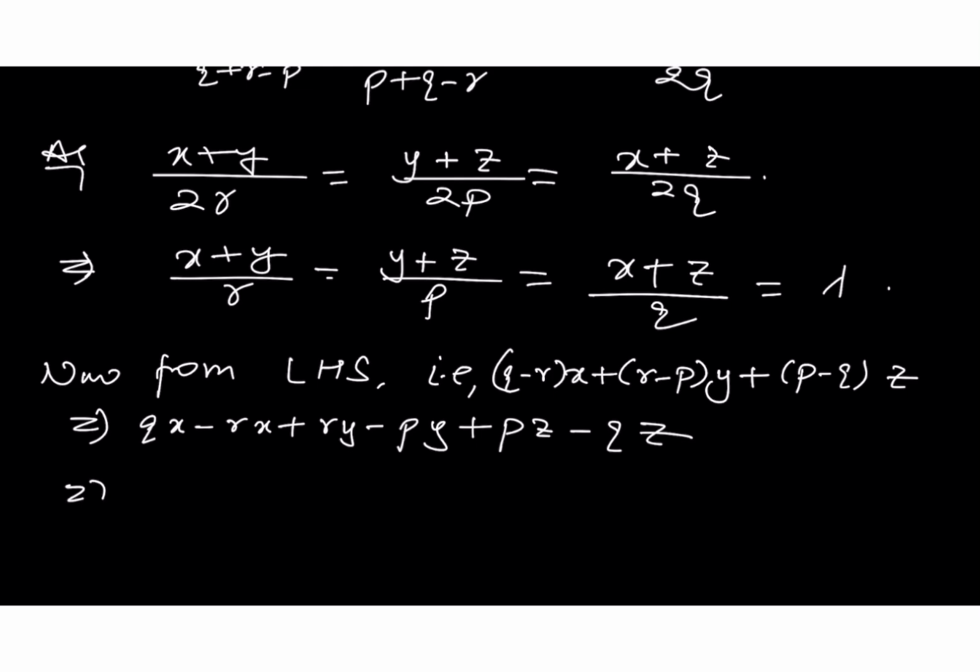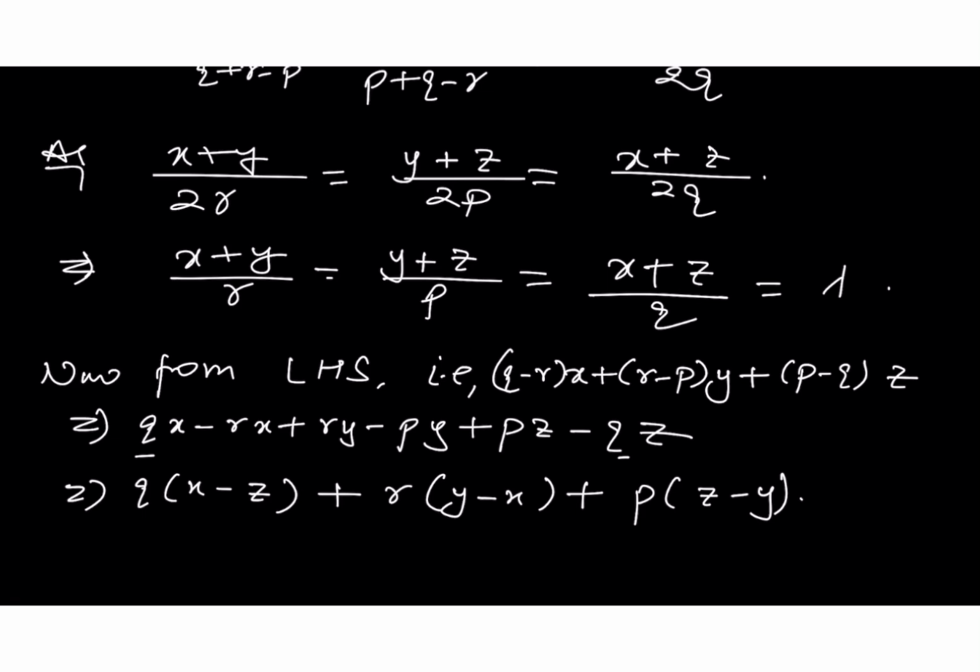So if I separate p, q and r terms, I'm taking q common, so it will be q(x − z). Similarly, I'm taking r common, so r(y − x) plus p(z − y).